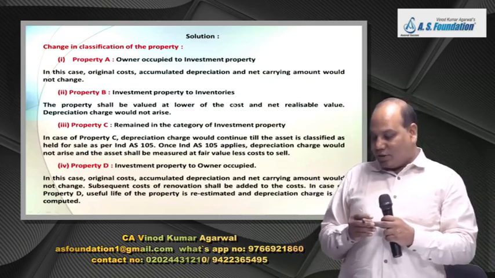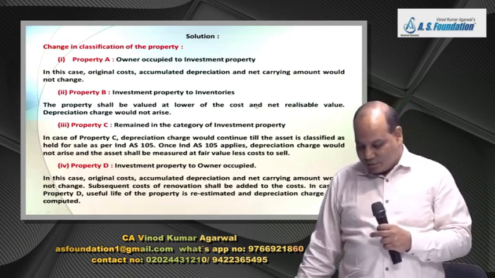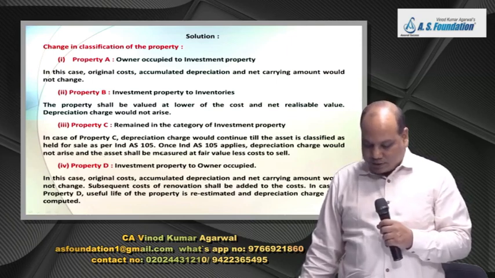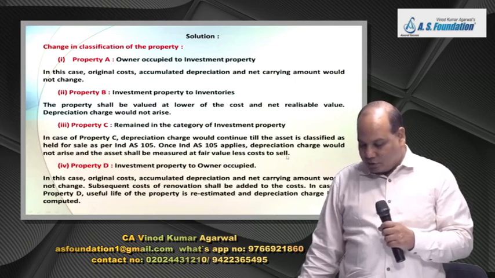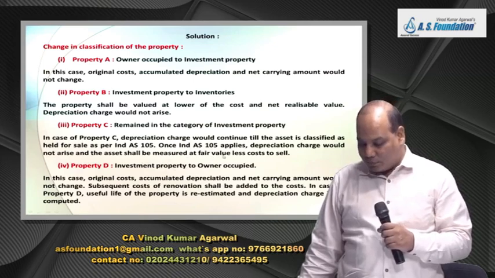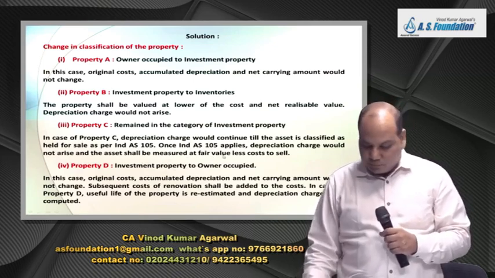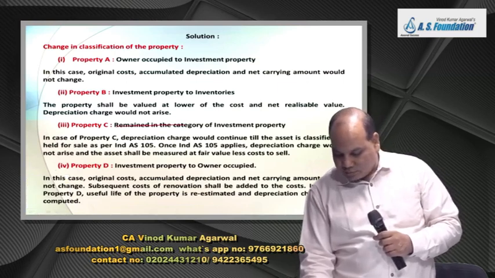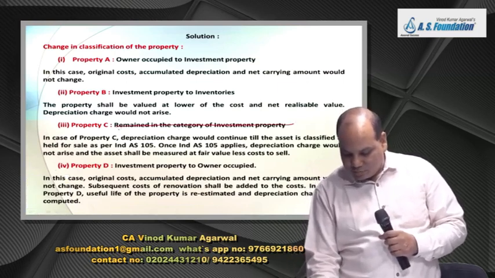Then third category. In third category, what was your answer? Let us check. In the case of property C, depreciation charge would continue till the asset is classified as held for sale. This is right. Depreciation charge would not arise and the asset shall be measured at fair value less cost to sell. Only make a correction in your note here, some typing error.